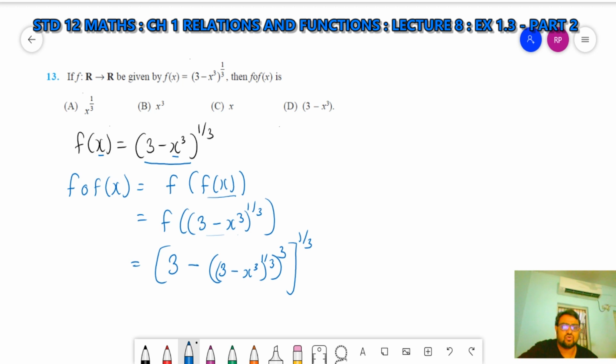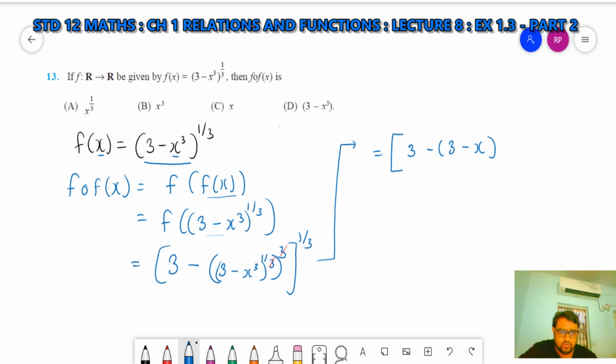Okay, so carried forward here, this will be equal to 3 minus, see here, 3 and 1 by 3, that will get cancelled, so the power remains 1, minus (3 minus x).